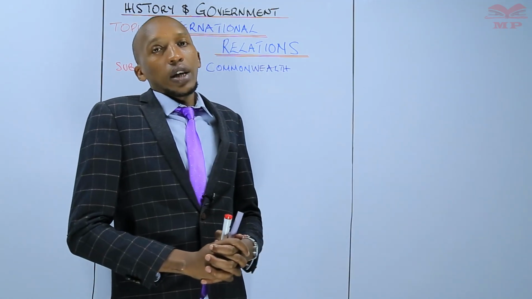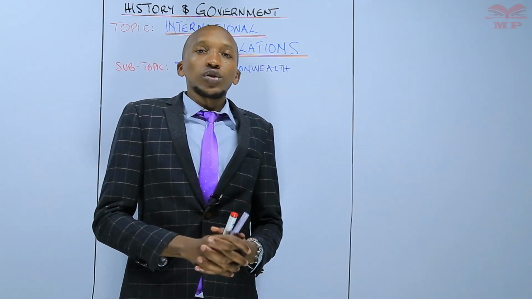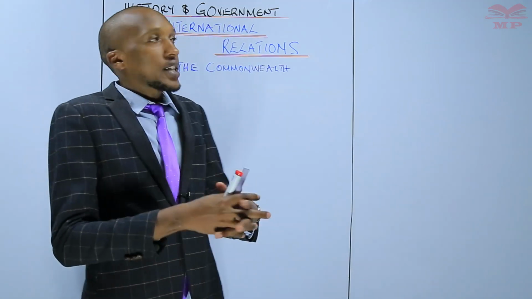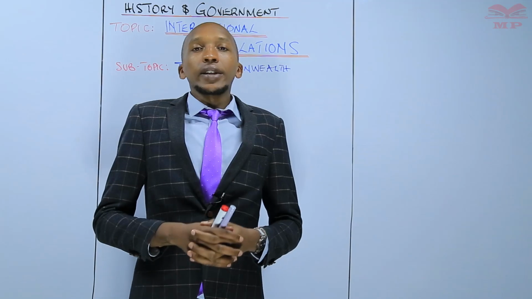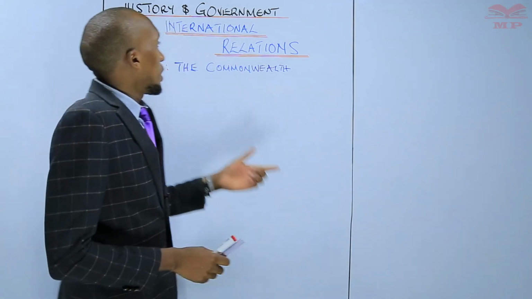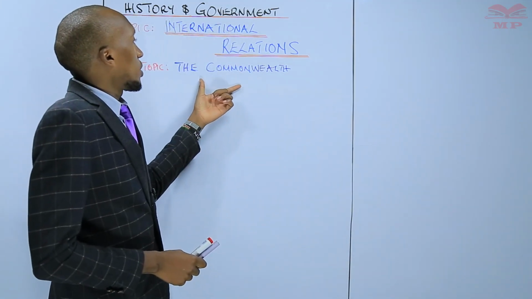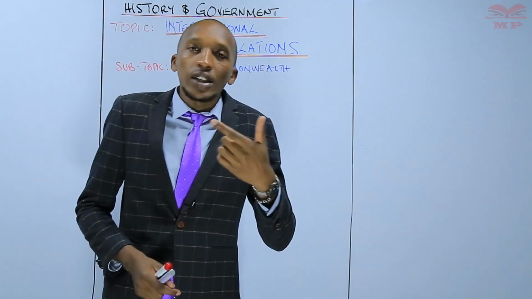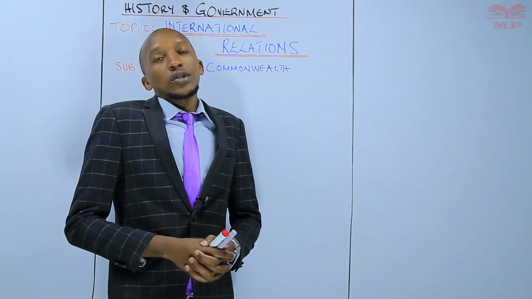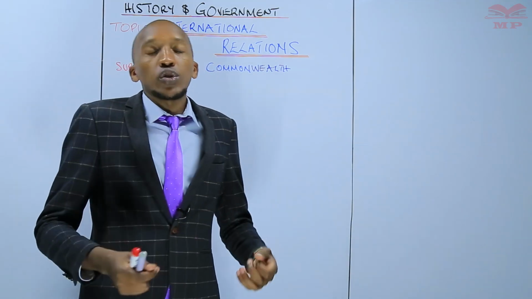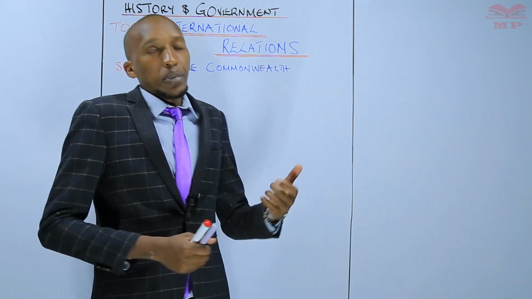I'm glad you are able to join me as we continue to learn about international relations in the world. We have specifically started looking at the Commonwealth as an international organization that is concerned with the promotion of international peace.